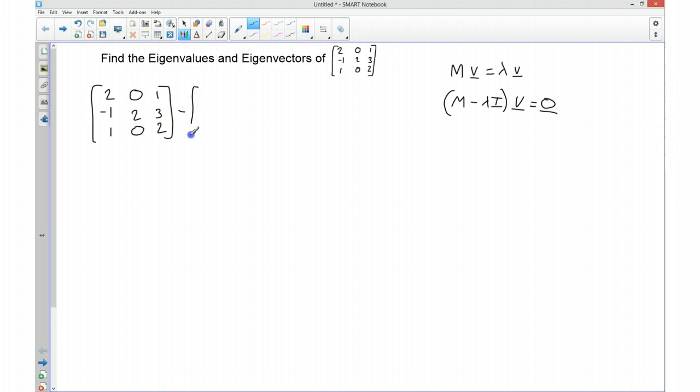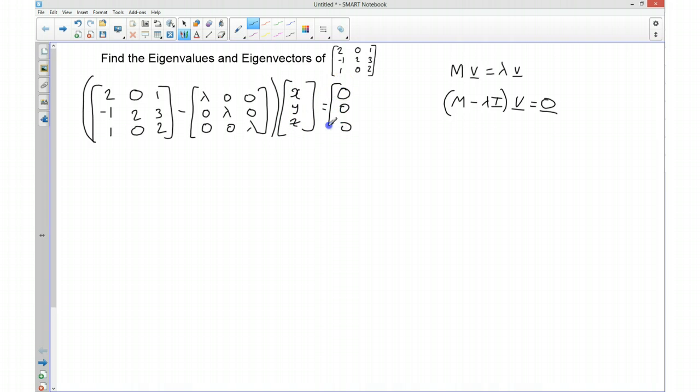And I'm going to take away lambda I, and that multiplied by x, y, z is going to give me this here. So again, this is going to be our eigenvector, and lambda are going to be our eigenvalues.